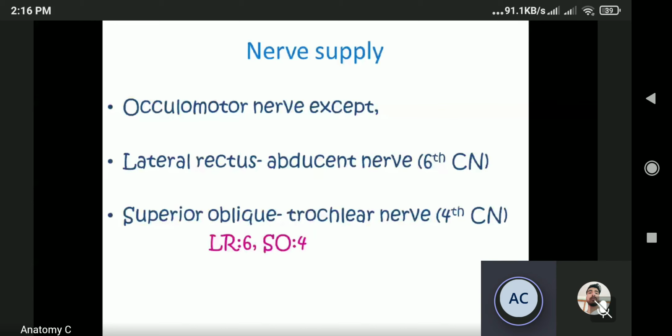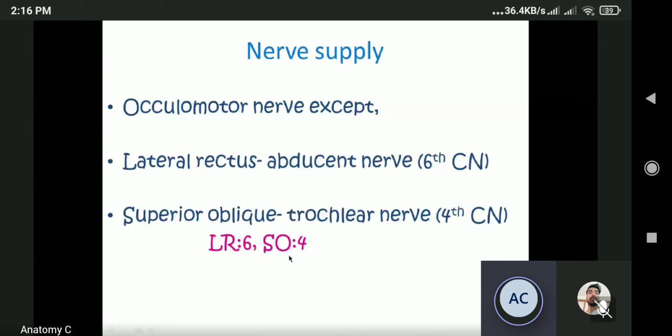So what is the nerve supply? Most probably you know that except for two muscles, everything is supplied by the oculomotor nerve. SO4 LR6: the superior oblique is supplied by the trochlear nerve, and the lateral rectus by the abducens nerve. So remember this formula, SO4 LR6.